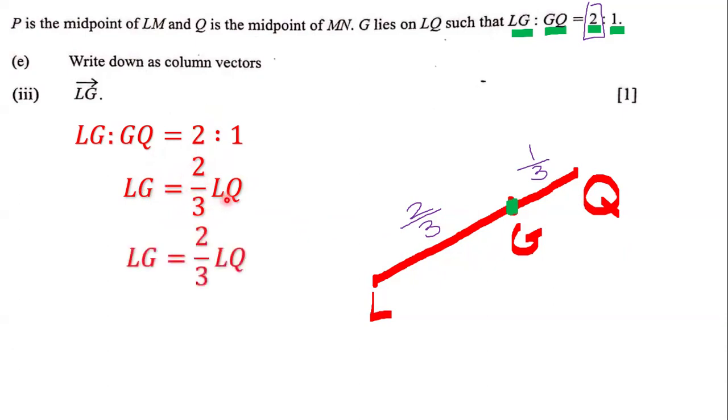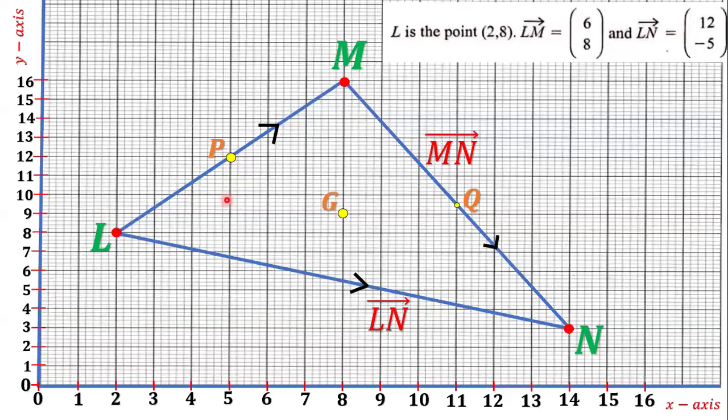Now, what is LQ? Let's go and figure out what LQ is. LQ means that we go from L all the way to Q. So let's do that. This is 1, 2, 3, 4, 5, 6, 7, 8, 9. So we have 9 in the X direction, and it's positive 9 because we're going to the right.